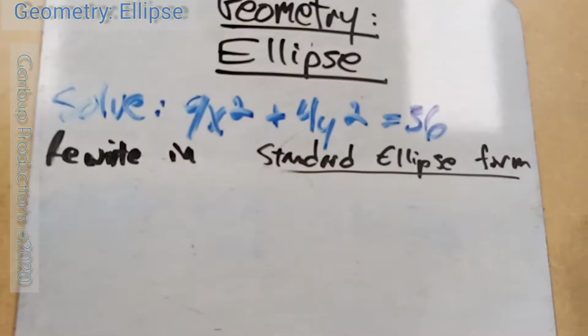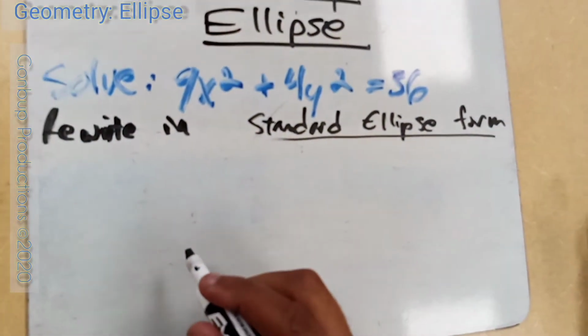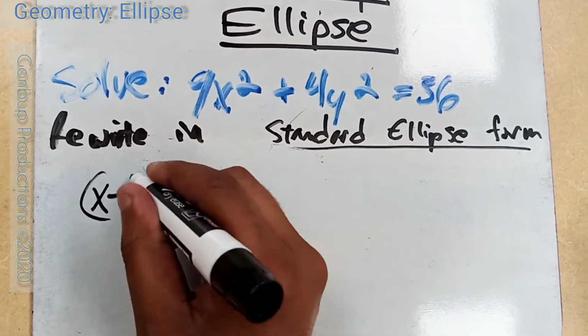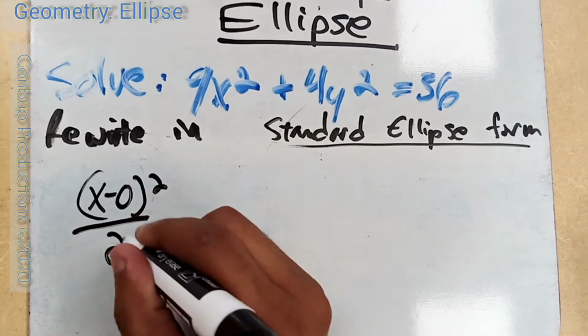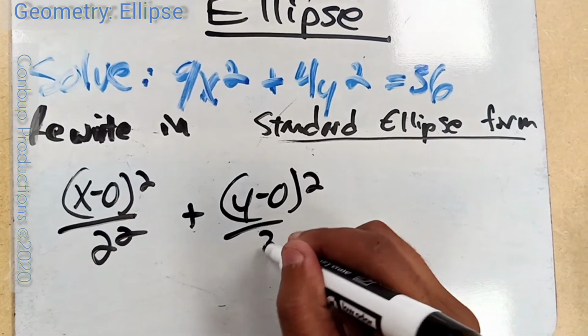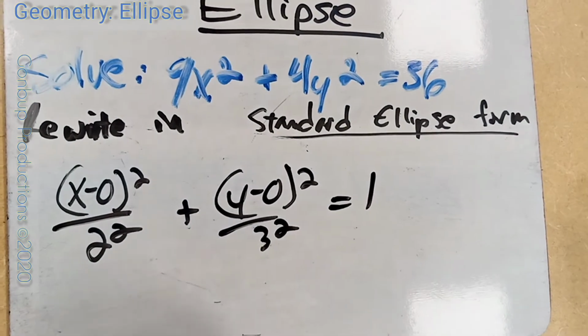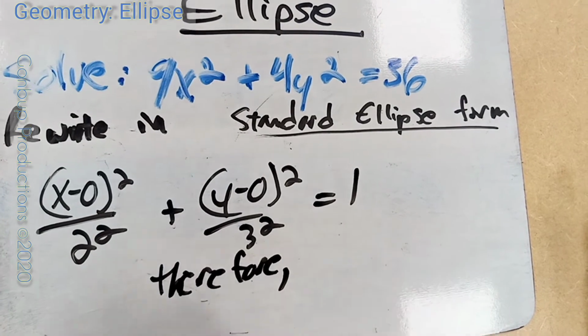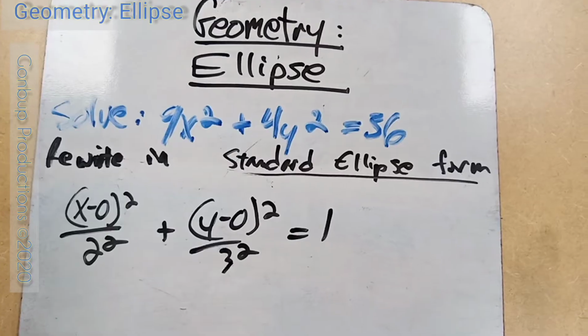So now we have (x minus 0) squared over 2 squared, and then we have our (y minus 0) squared over 3 squared equals 1. All right, now we have our standard ellipse form equation.